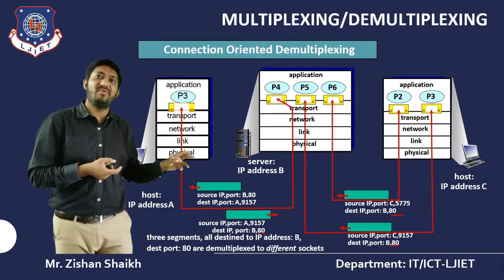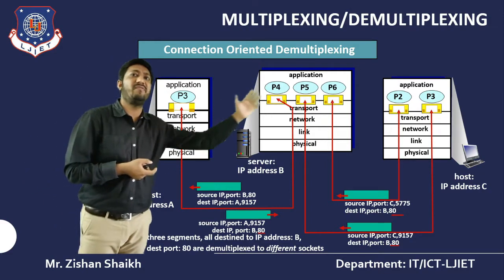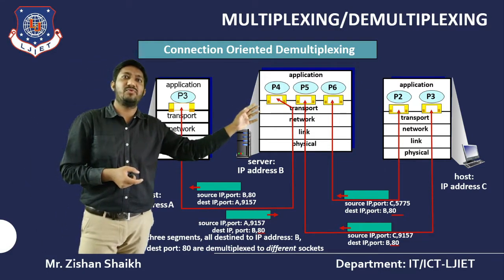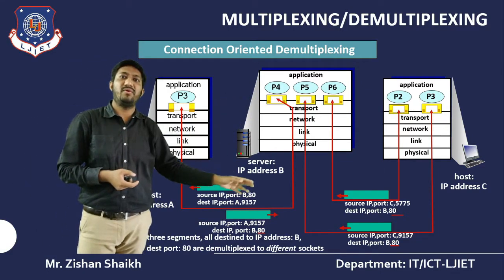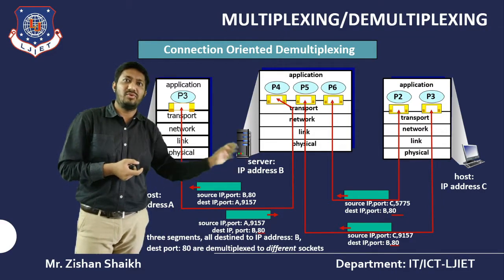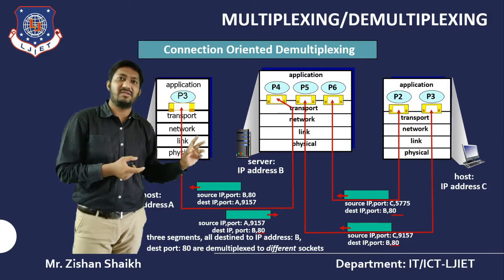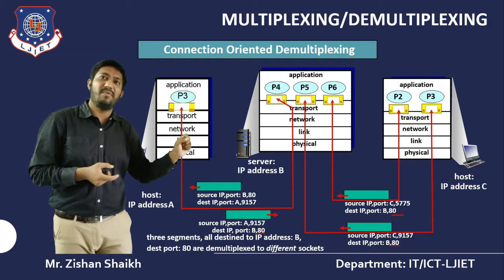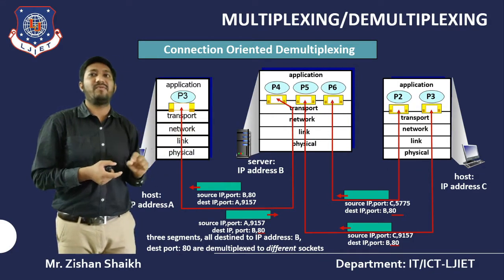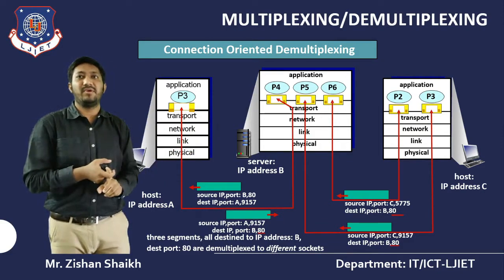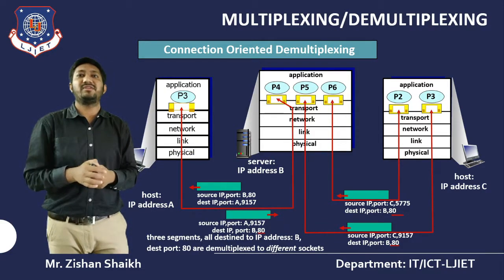In the same way, when we want to communicate with a different process, the same procedure is followed. If P6 wants to communicate with P2, it also checks the IP addresses, that is the source and the destination. Next it will check the port number, for which process we are requesting this particular data item. So this is the basic idea of how connection-oriented demultiplexing works.